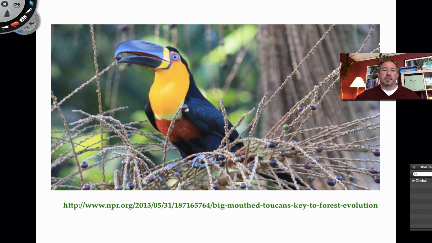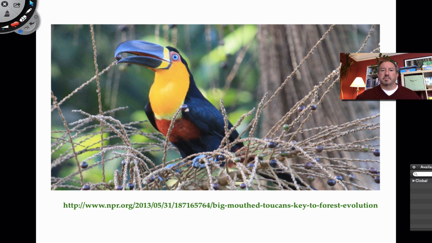And it appears that their disappearance kick-started a whole evolutionary change in the forest itself, particularly in its palm trees. According to research in the journal Science, this is what happened. The dominant palm tree depends on birds to eat its fruit and then defecate the seed somewhere, so it will germinate and grow a new tree. Mauro Galetti is a biologist at the Estadual Paulista University in Brazil.